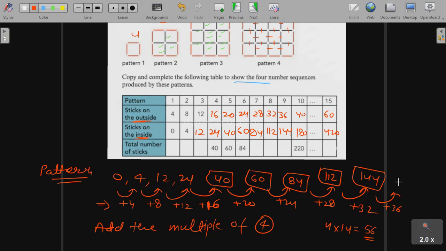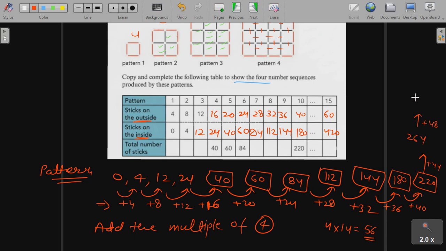Similarly, this one, like if I add, this is 120, 180. If I add plus 40, I will get 220. If I add plus 44, I will get 264.